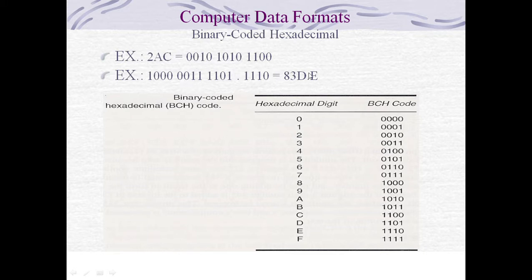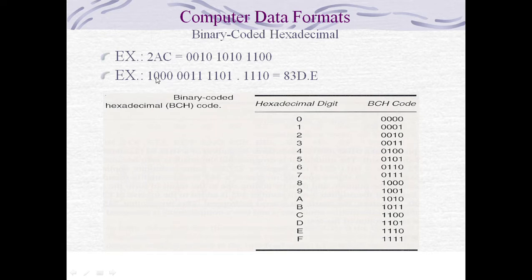And similarly, on the contrary, we can convert a number in binary to hexadecimal code. So this is 10000111101.1110. So just group them as 4-bit groups. For 1000, write 8. So this is according to the BCH code.